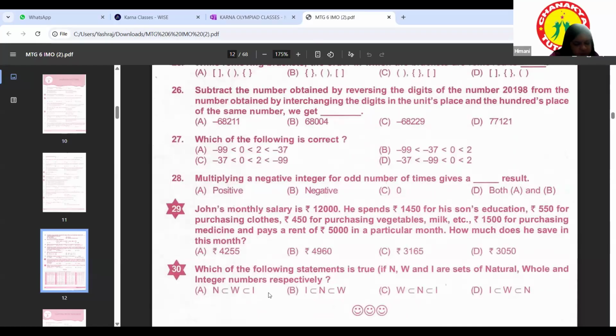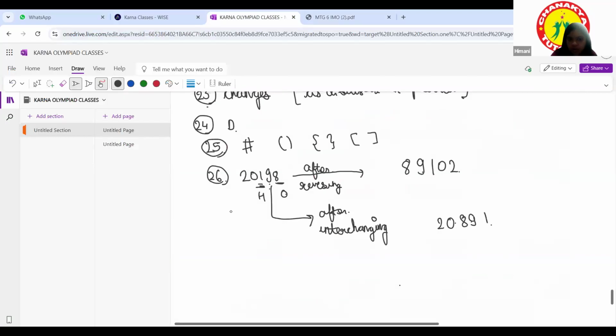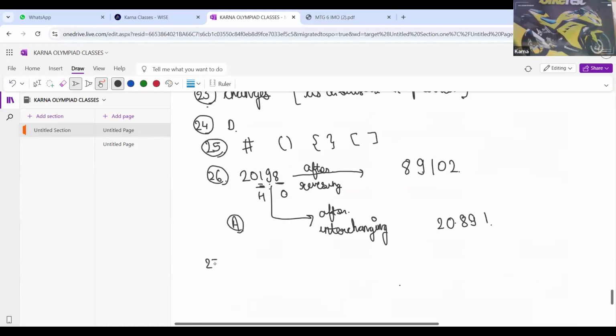You just tell me what number you are getting. Ma'am, I got positive 6. Oh, okay, now I get it. Ma'am, it's negative 6,8211. So basically it depends on what you subtract from what, okay? But there is only one option with that magnitude, so you can easily understand why it is being done, right? Got it? Yes, ma'am.